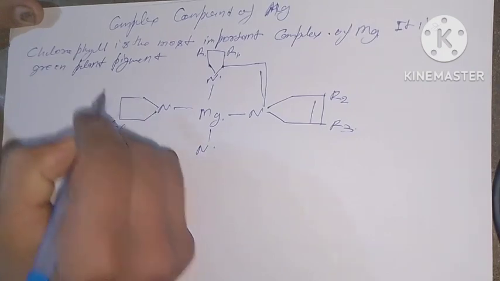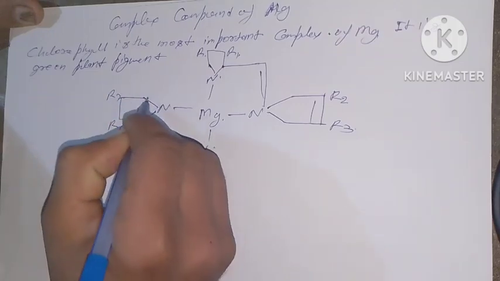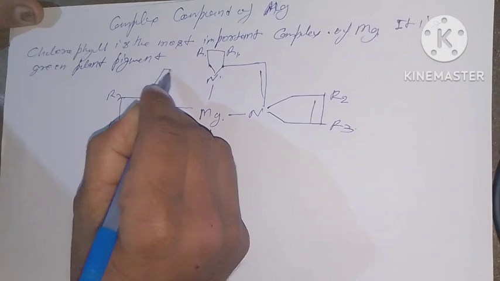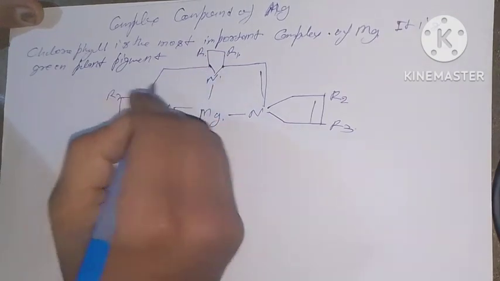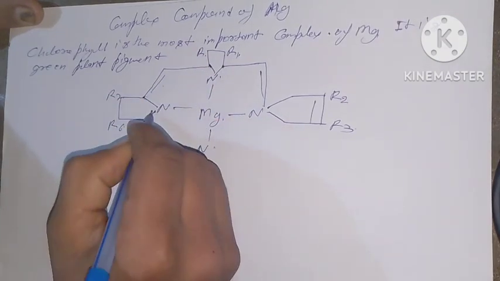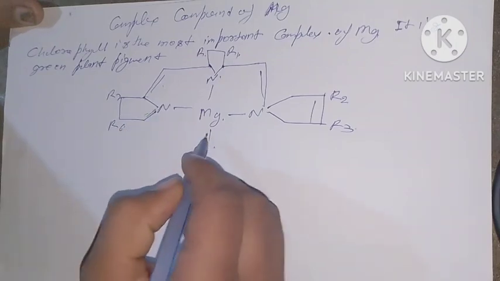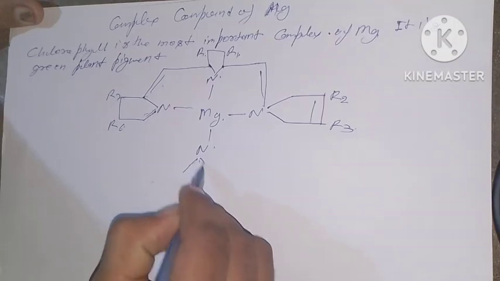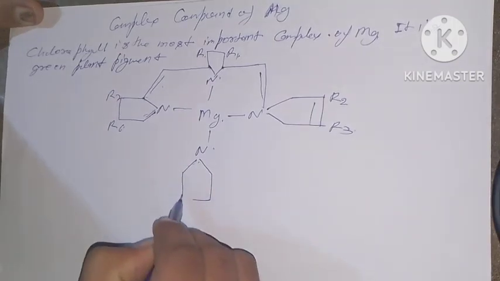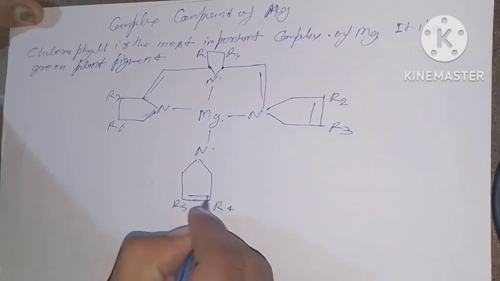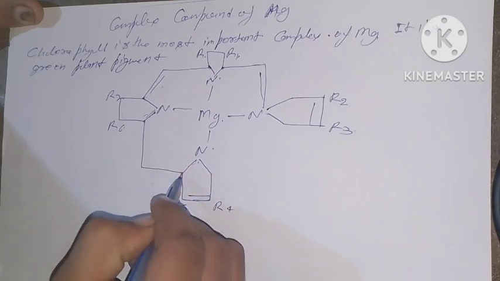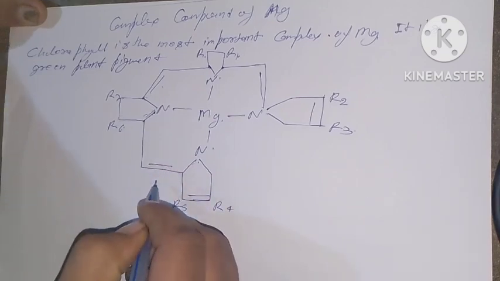And R6, R7, and this nitrogen has R5, R4, and this is nitrogen.